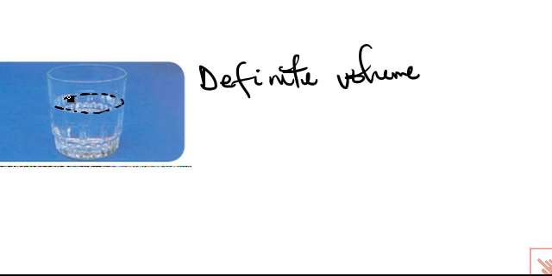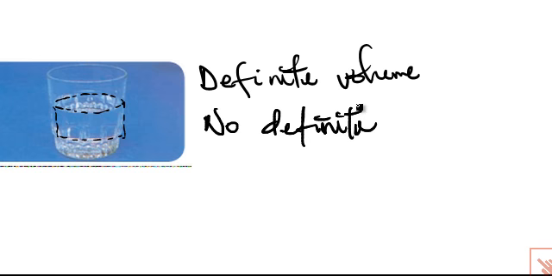They take the shape of the container you put them in. If you put it in another container of another shape, it will assume the shape of that container. So liquid does not have definite shape. So we say no definite shape.